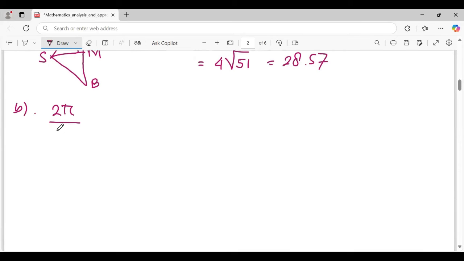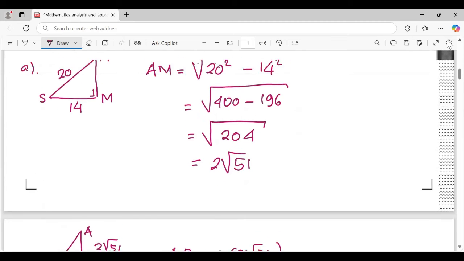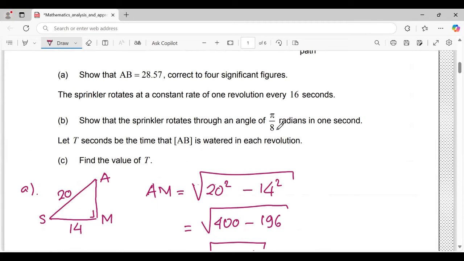So 2 pi over the amount of rotations n equals 16, or we can arrange it, becomes n equals 2 pi over 16, or n equals 1 over 8 pi, or n equals pi over 8. Based on this information, of course, in radians.